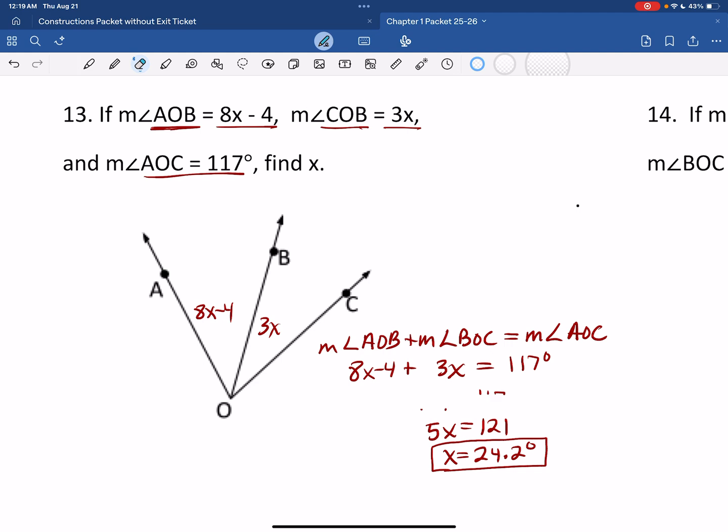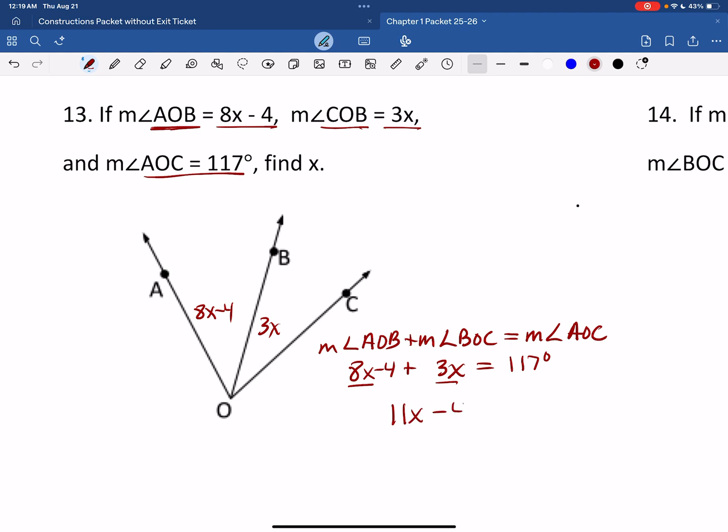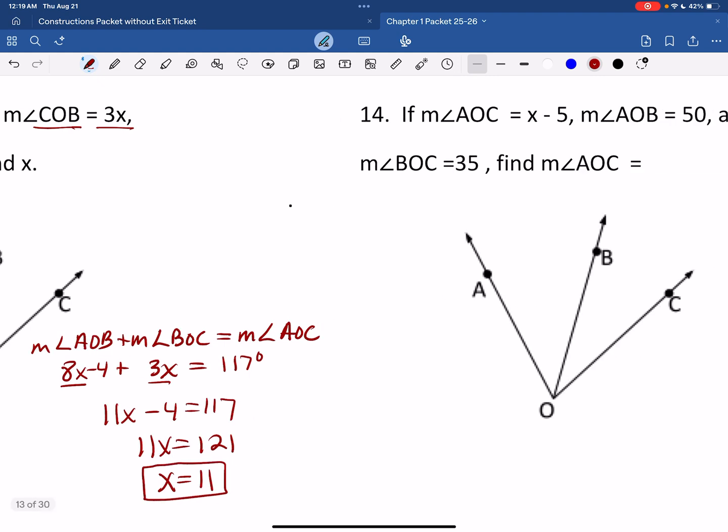Okay, so bear with me for my mistake. I'm sorry. So I was going too fast. Here we go. 8x plus 3x is 11x minus 4 equals 117. 11x is equal to 121. Now when I divide, x is equal to 11. That was my mistake. Okay, last one.